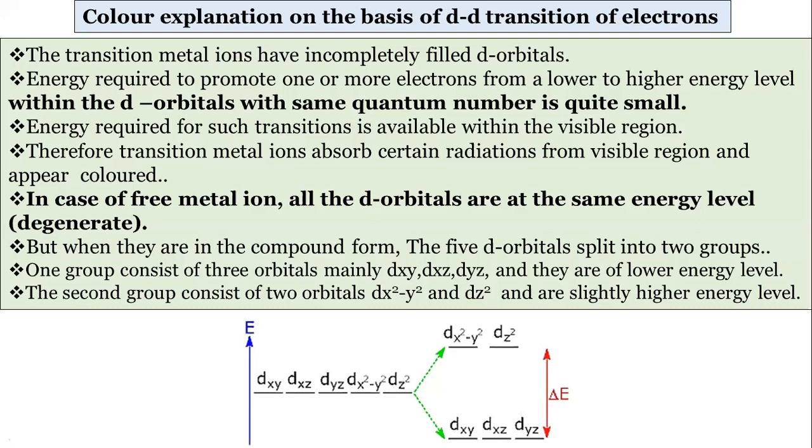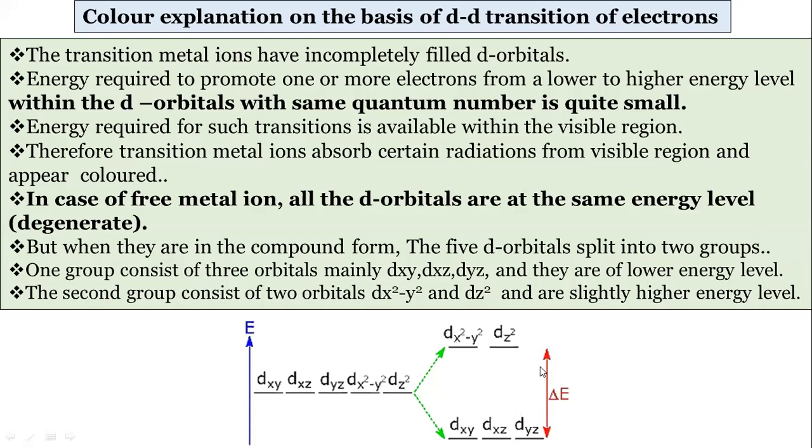Due to the absorption, excitation takes place and splitting takes place. We can see the splitting is given. The dx square minus y square and dz square orbitals will be of high energy, and the dxy, dxz and dyz orbitals have the lower energy. This gap is very small, remember.